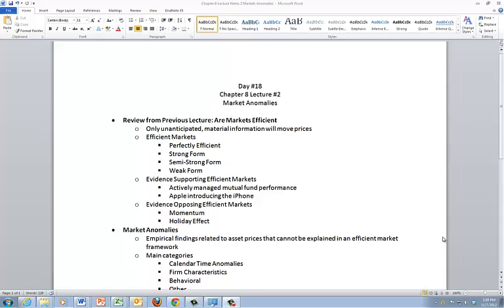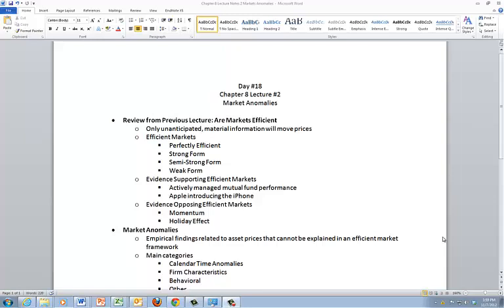In a strong form efficient market, all known information is impounded accurately and quickly into market prices. In short, we could say that in a strong form efficient market, there would be no opportunities to generate alpha regardless of any informational advantages that an individual might have.